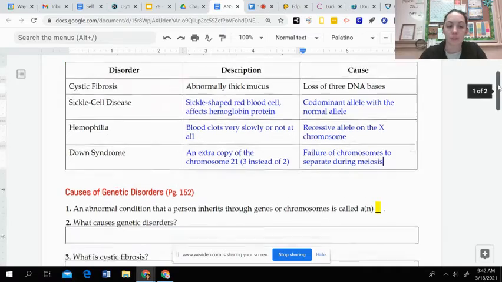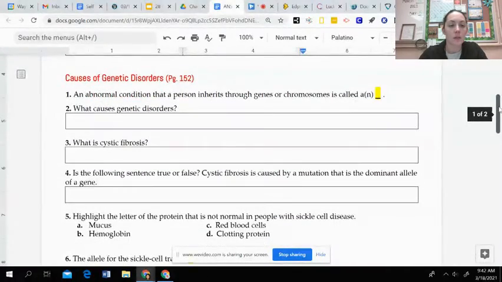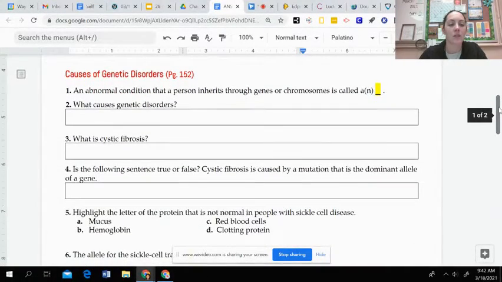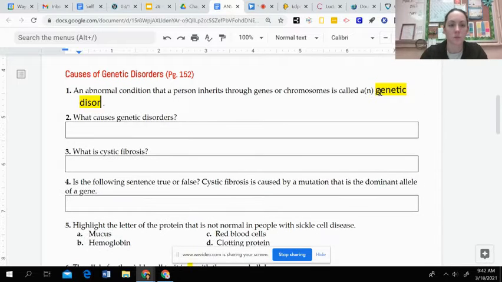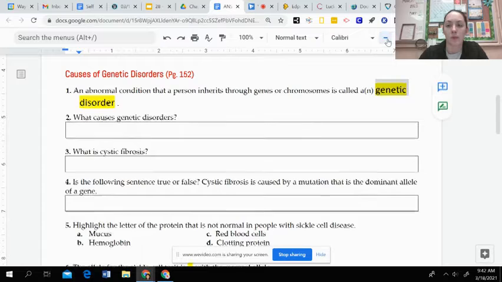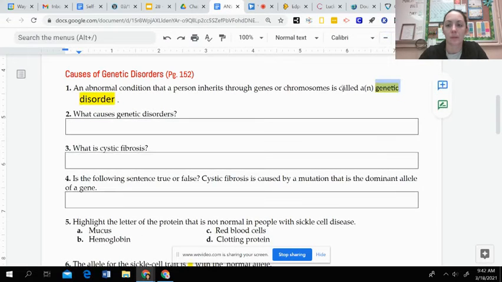a summary. Then going down into the causes of genetic disorders, an abnormal condition that a person inherits through genes or chromosomes is called a genetic disorder. That is really big. Okay.